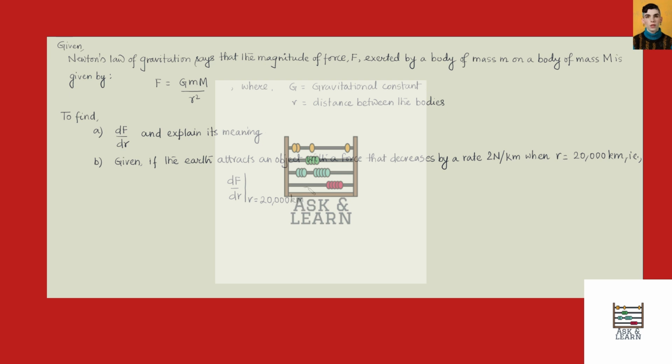That means dF by dr at r equal to 20,000 kilometers is given to be minus 2 newton per kilometer. And it has been asked to find the rate at which this force changes at r equal to 10,000 kilometers.